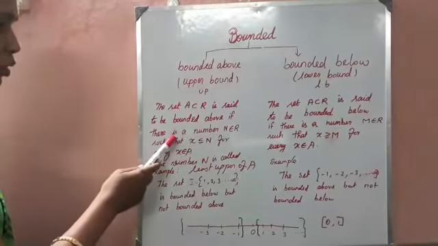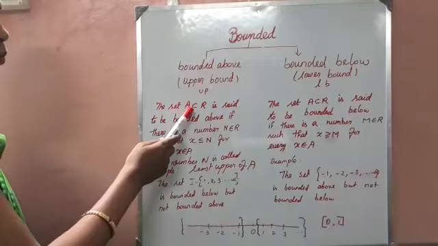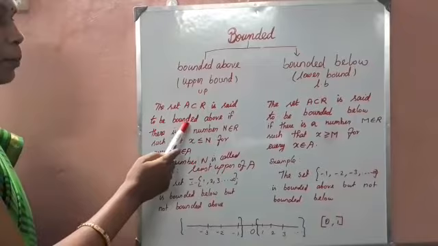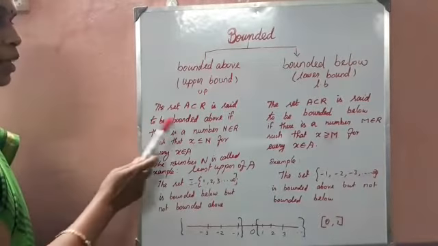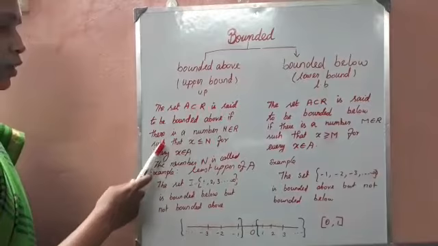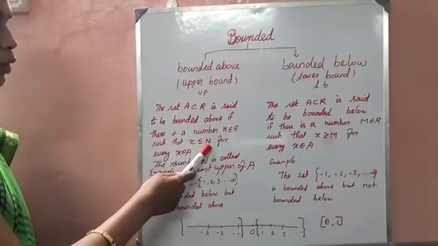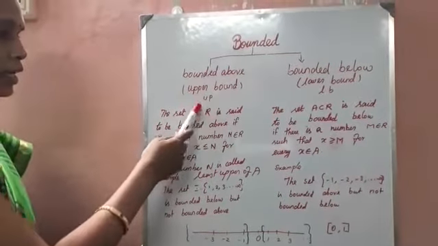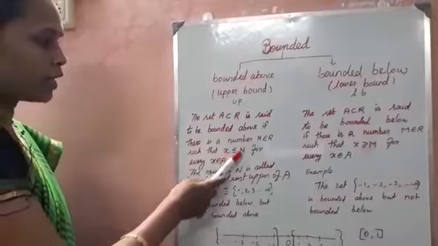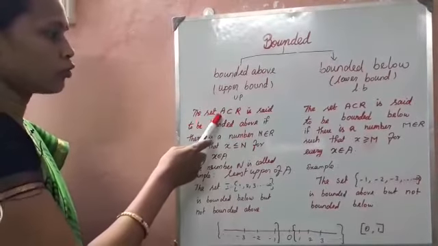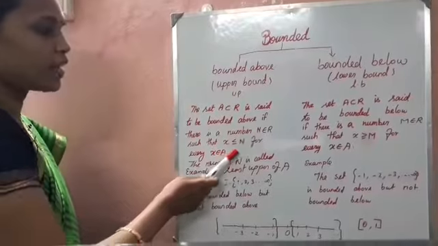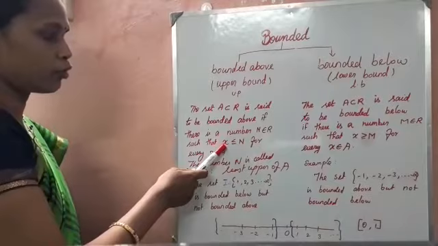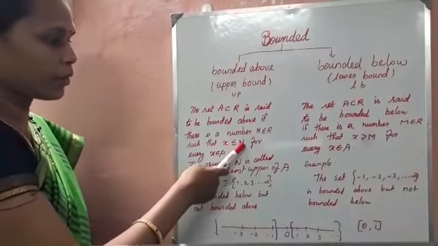See the definition of bounded above. A subset A contained in R, which is a subset of R, is said to be bounded above if there is a number n belonging to R such that x is less than or equal to n for every x belonging to A. Here R represents the real numbers, and every element x of A should be less than or equal to the number n.